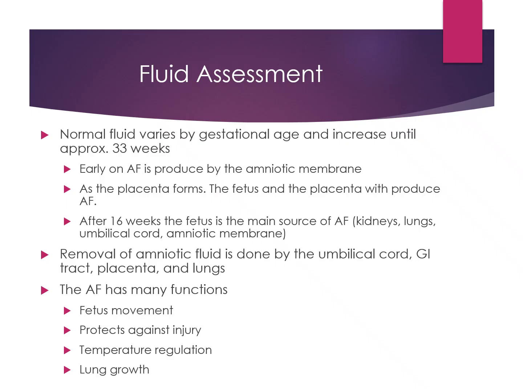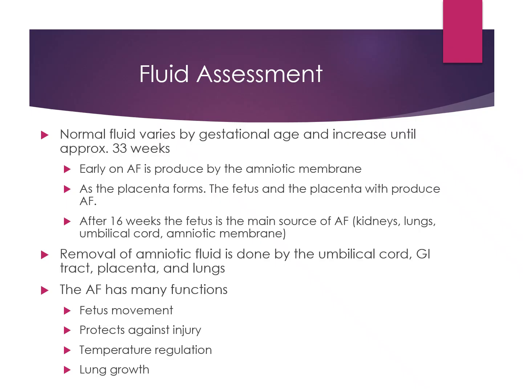So early on, first trimester, our amniotic membrane is going to be producing that fluid. As the placenta forms, we're getting change of blood flow, and that fetus is going to start having a metabolic process.